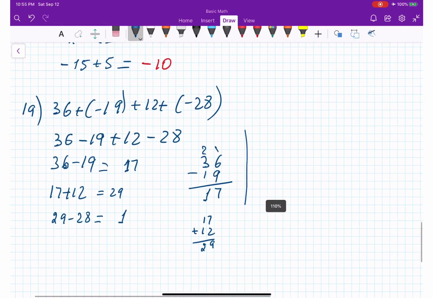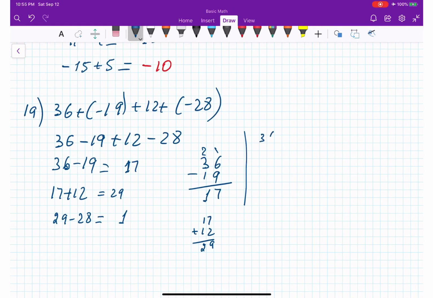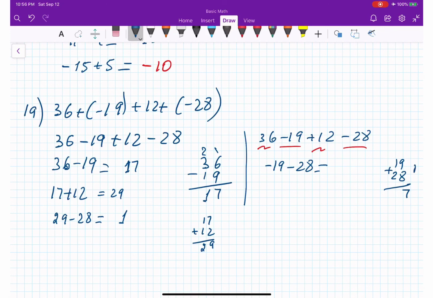Now let's do the other method I told you. 36 minus 19 plus 12 minus 28. So first let's put together two negatives, and then we will put together two positives, 36 and positive 12. Negative 19, negative 28. Both signs are the same, therefore we add 19 and 28. 9 plus 8 is 17, 1 in mind. 1 plus 2 is 3, and 1 in mind will be 4.